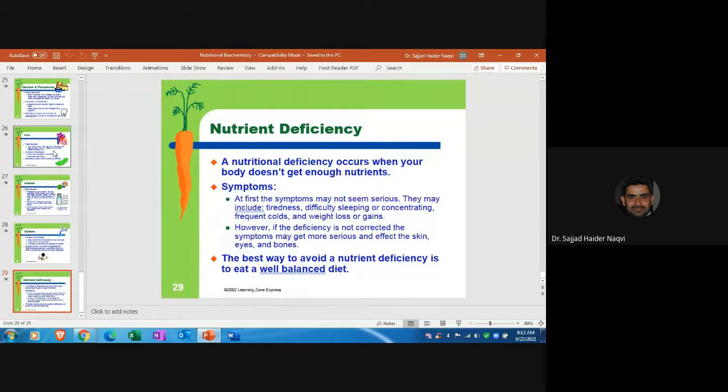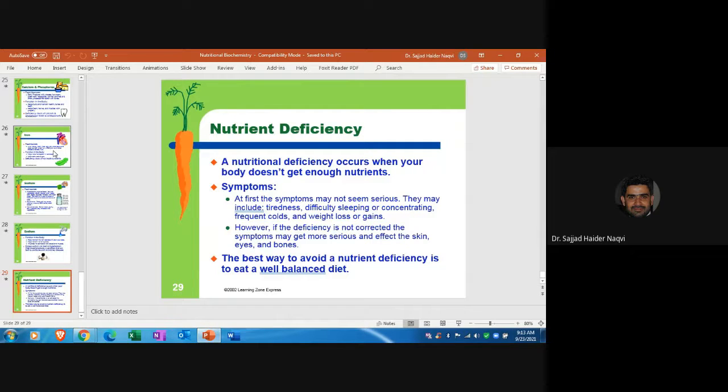So you can find out on the internet about RDA for all these groups of nutrients that we have discussed, that is, how much is the minimum amount of that particular nutrient needed by a healthy individual in one day.